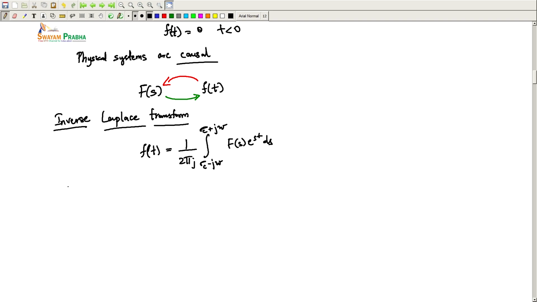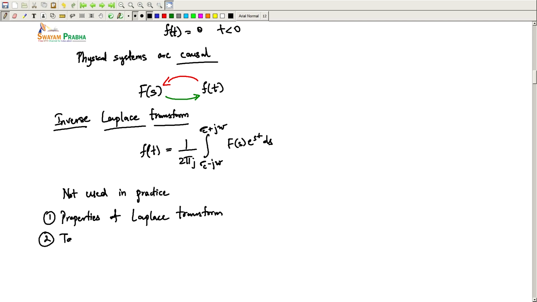Now, in practice this is typically not used. Instead, what we do is we use, one, properties of Laplace transform, and two, we use tables for standard functions.